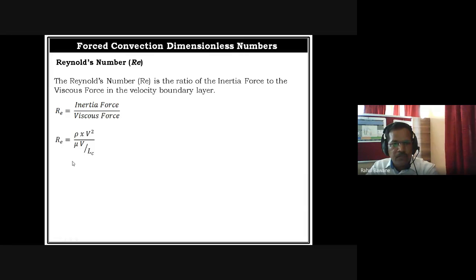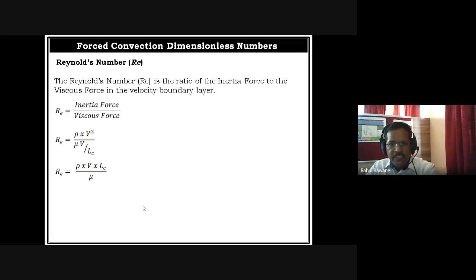So Reynolds number is inertia force upon viscous force. The mathematical expression for inertia force is rho into velocity square. Viscous force is mu v divided by characteristic length, where mu is dynamic viscosity. Here v and v square get cancelled, so we get rho v, and if I shift the characteristic length to the numerator, Re equals rho v L_c upon dynamic viscosity.